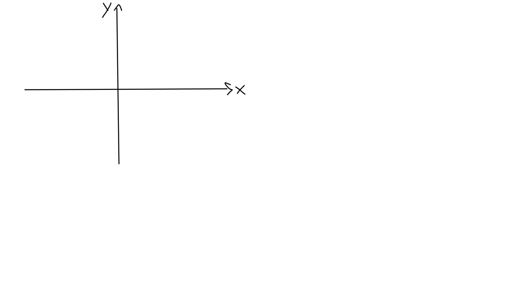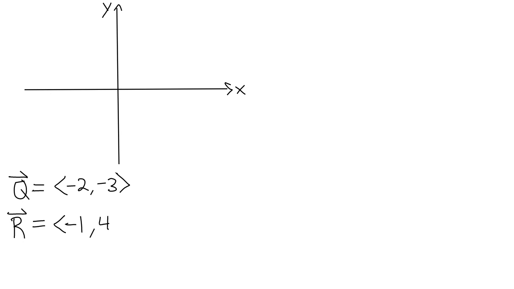Let's have vector Q and we're going to have vector R. Let's say vector Q is -2, -3, and R is -1, +4.